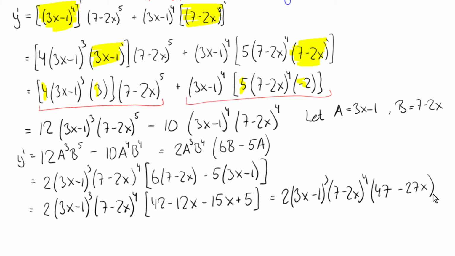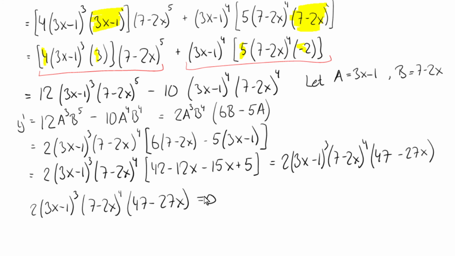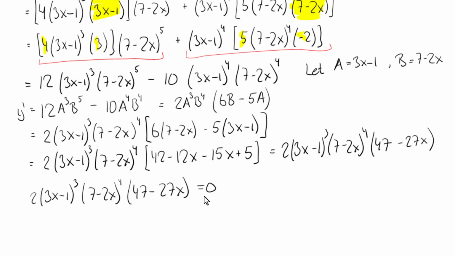Okay, so at this point what we are going to do is set this equal to 0. So we're going to go 2 times (3x minus 1) cubed times (7 minus 2x) to the power of 4 times (47 minus 27x) equals 0. And now we can use the zero product theorem to solve this.